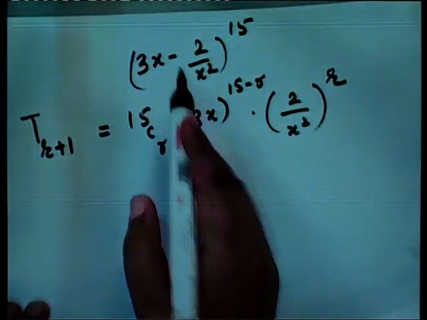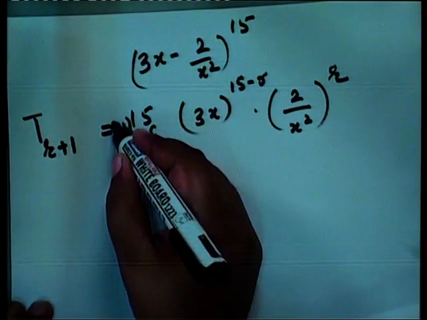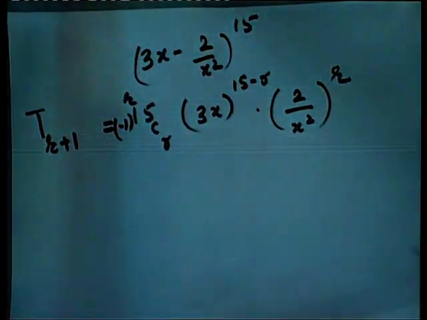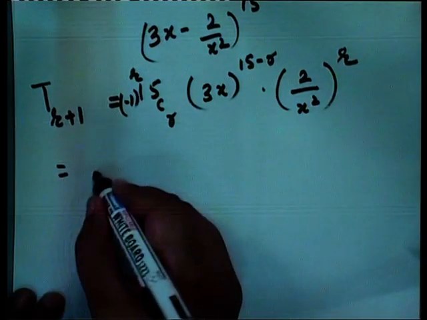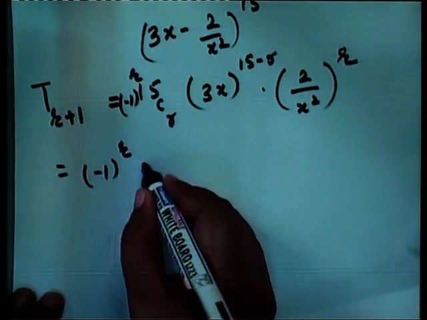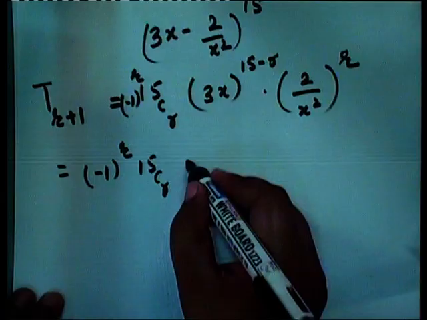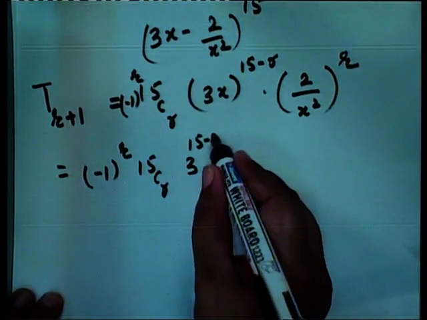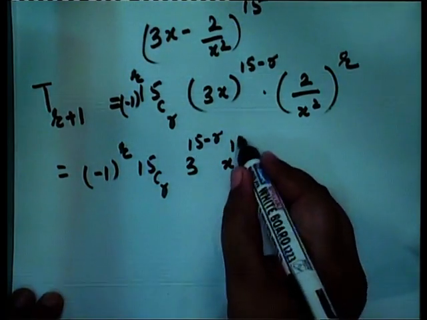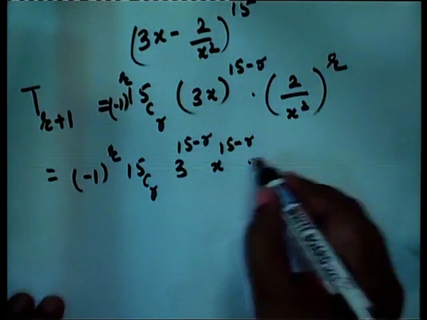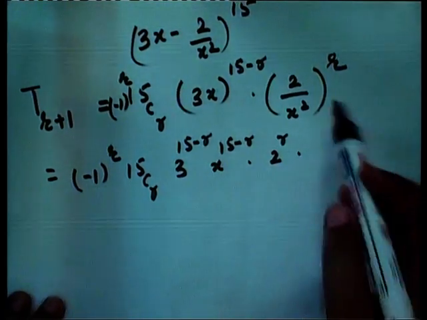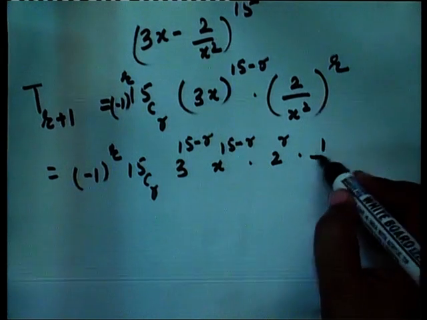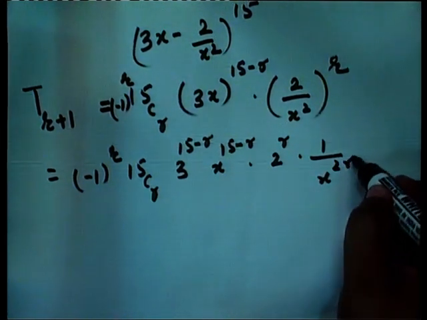Now here minus is appearing, so (minus 1) raised to power r. So this will be equal to (minus 1)^r 15Cr 3^(15 minus r) into x^(15 minus r) into 2^r into 1 upon x^(2r).